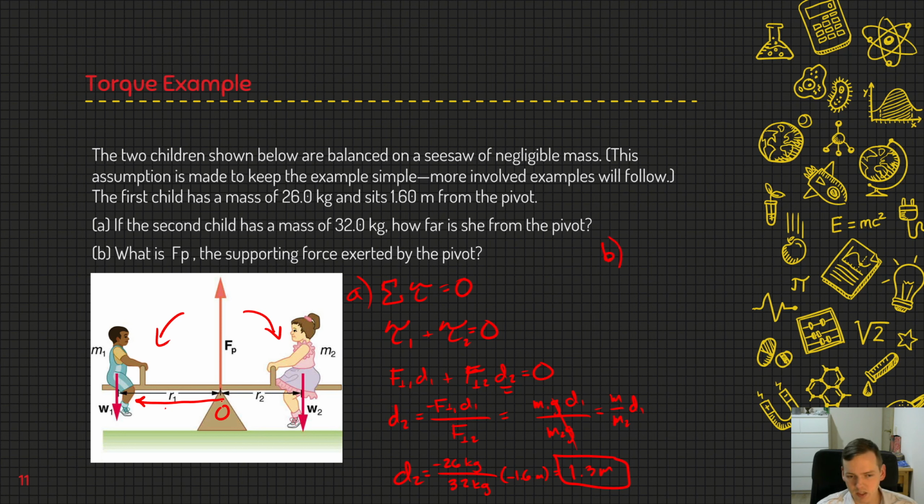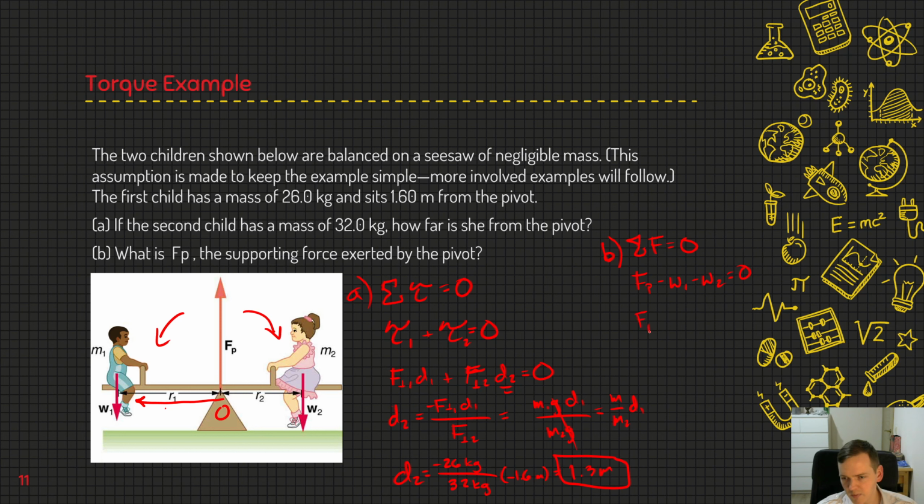The second condition, we need to balance all the forces, the net force up and down, so that the teeter-totter isn't falling into the ground or going upwards. So in that case, we know that the net force has to equal 0. So Fp minus W1 minus W2 equals 0.